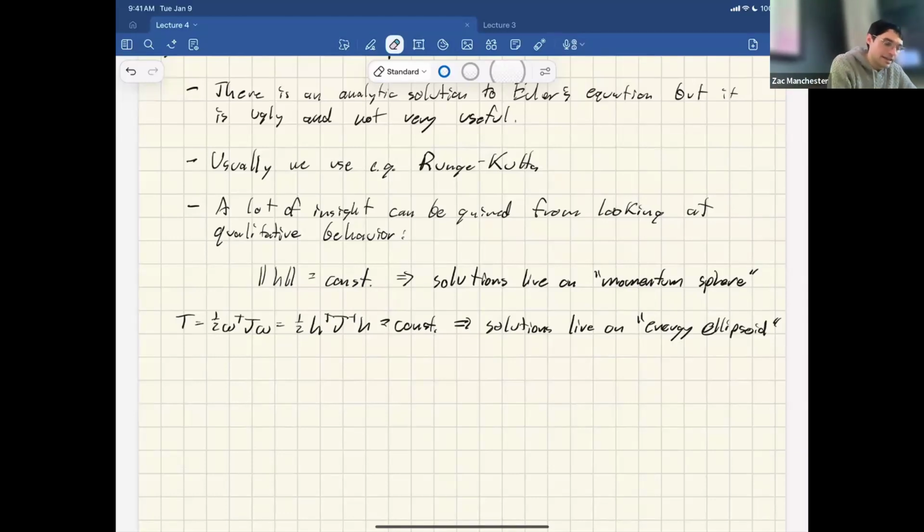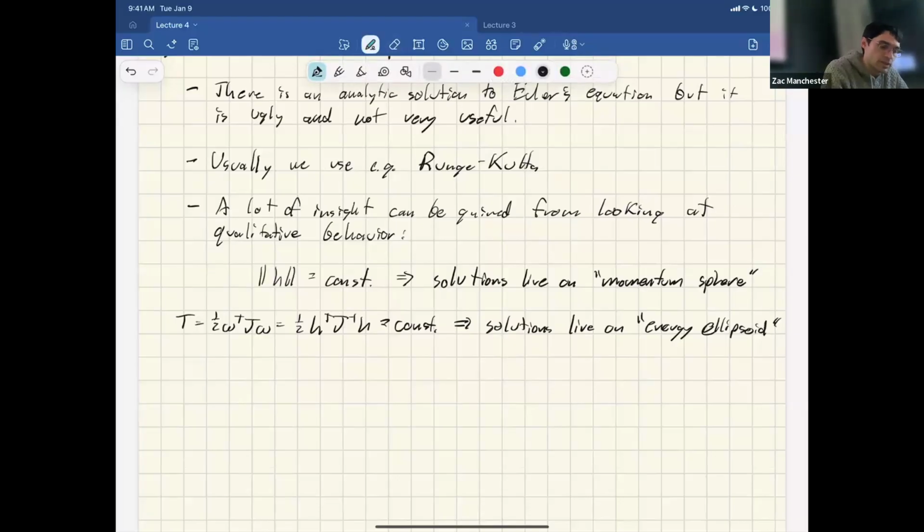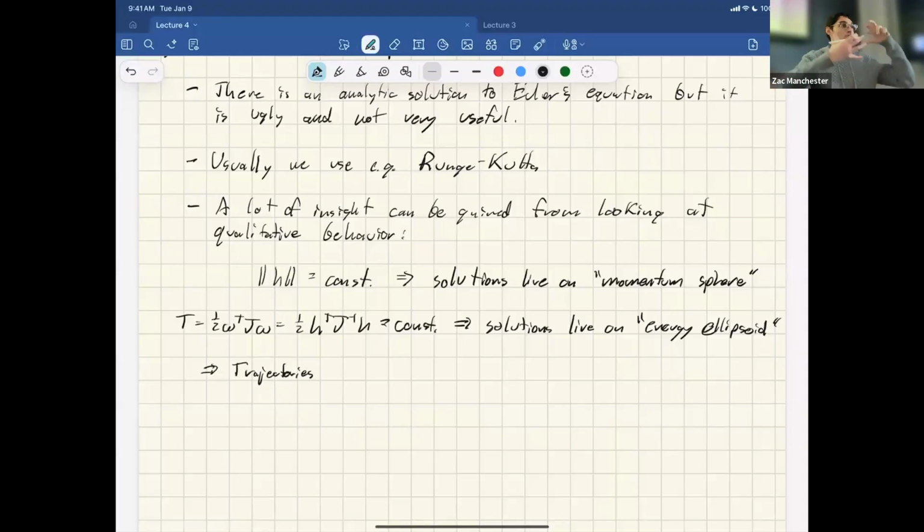Okay, so now if both of these things have to be true, I know that the solutions, like the trajectories of the system, live on the intersection of these two shapes, right? So they've got to satisfy both things. So if I plot both of those, the possible trajectories the system can live on are the intersections of these two shapes. That defines the trajectory, right?